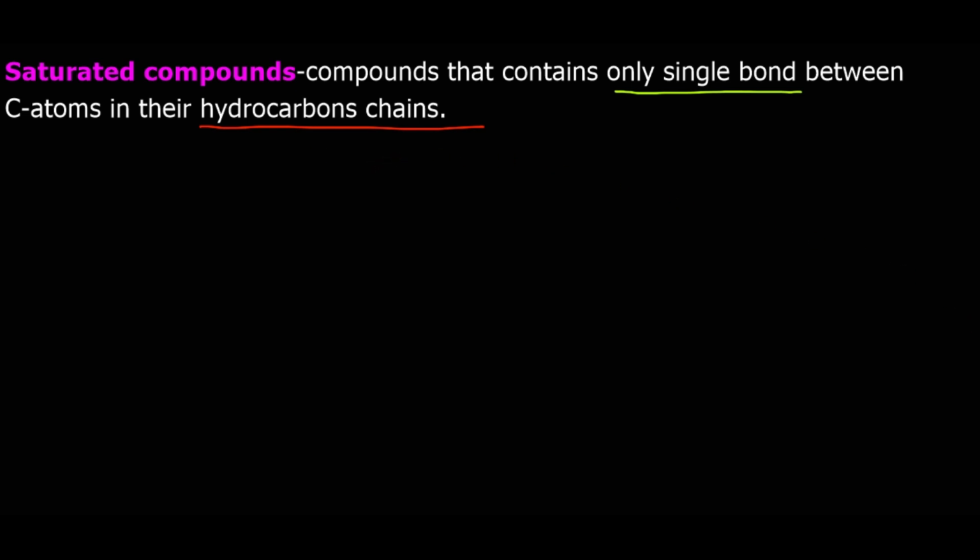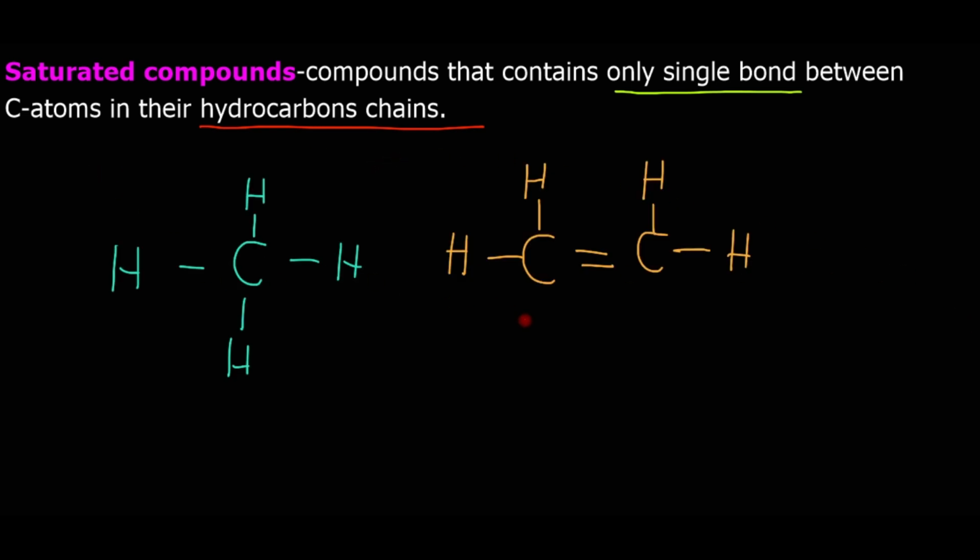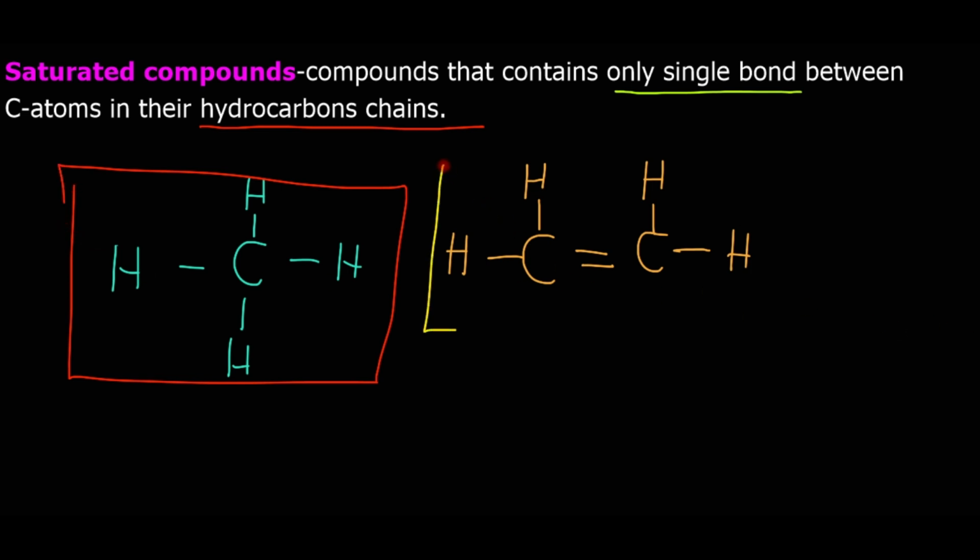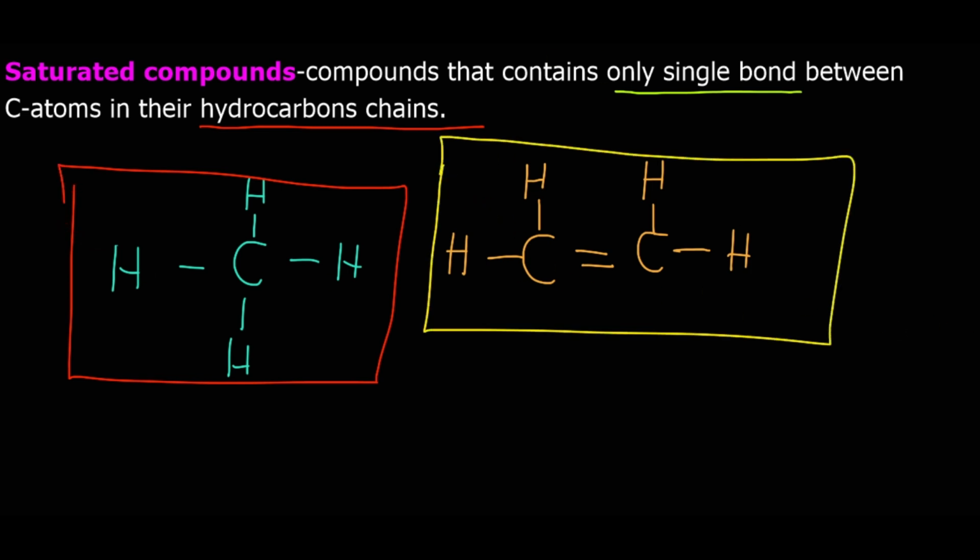Let's see an example. These compounds are all hydrocarbons because you can notice that they have only carbon and hydrogens. But let's look at this definition, it says compounds that contain only single bonds between carbon atoms in the hydrocarbon chains.